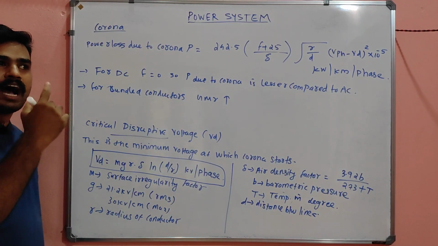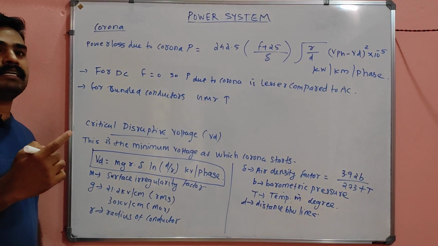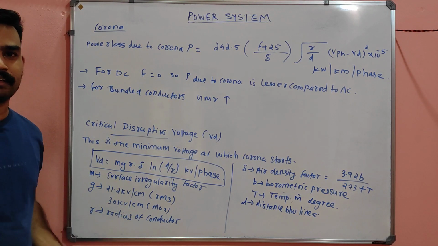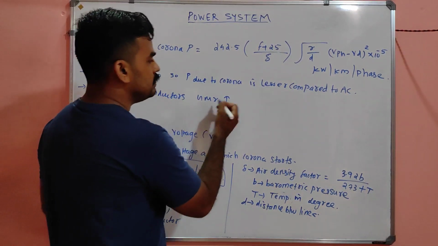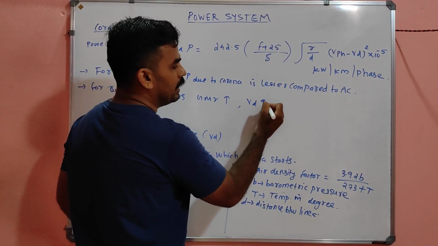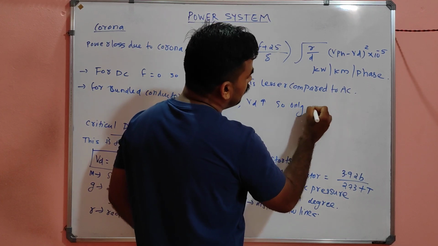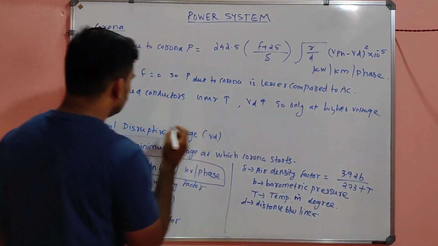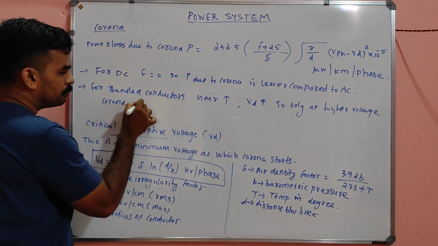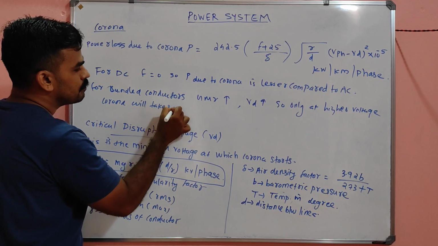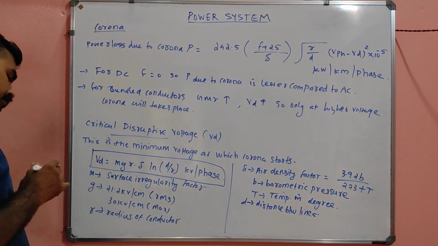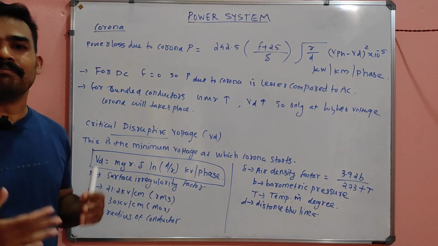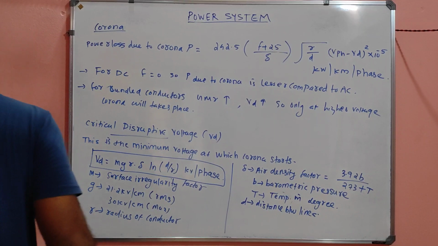In VD, r means the radius of the conductor. If it's a three-phase line, it means the GMR of the bundled conductor. If r is higher, GMR will be higher, and VD will be higher. So corona will take place only at higher voltages. So if you use a bundled conductor, the chances of corona will be lesser compared to a non-bundled conductor.